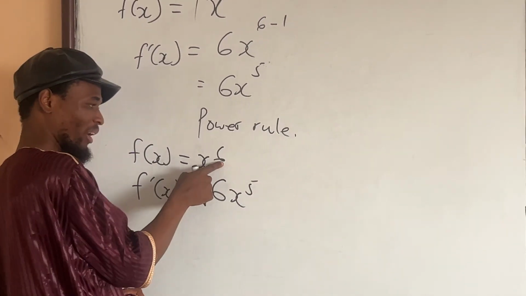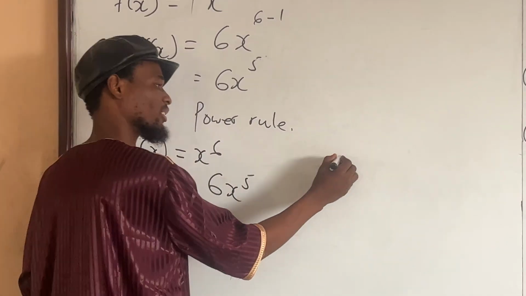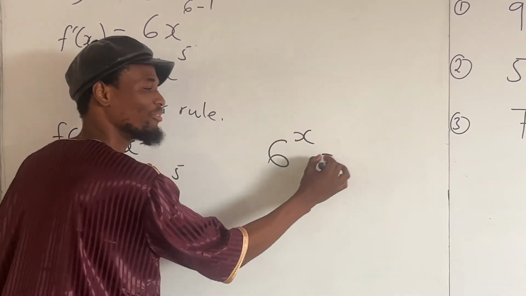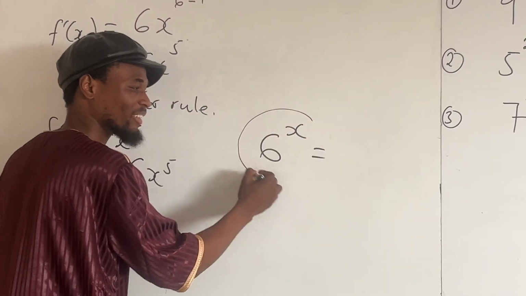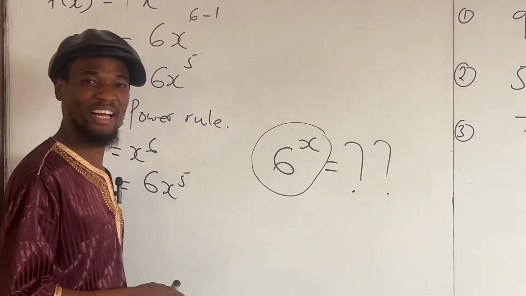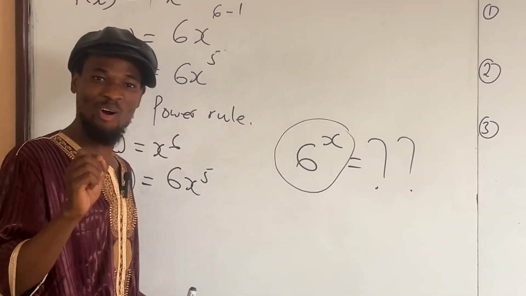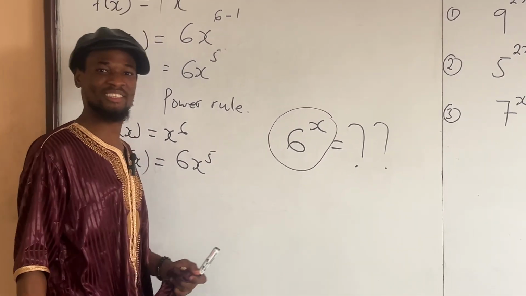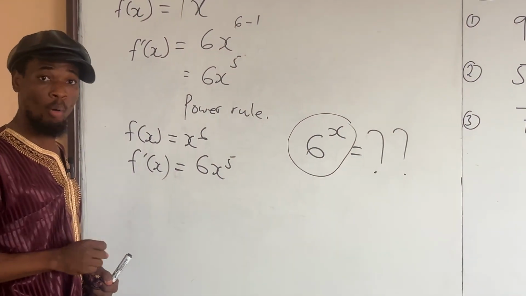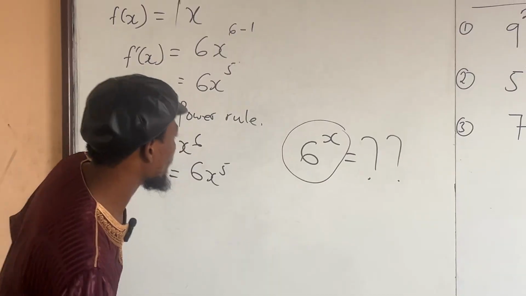Then, when I interchange this, so when I have 6 raised to an exponent of x, viewers, if I find the derivative of this, what would I get? That is the purpose of the session. So, let us set the ball rolling.